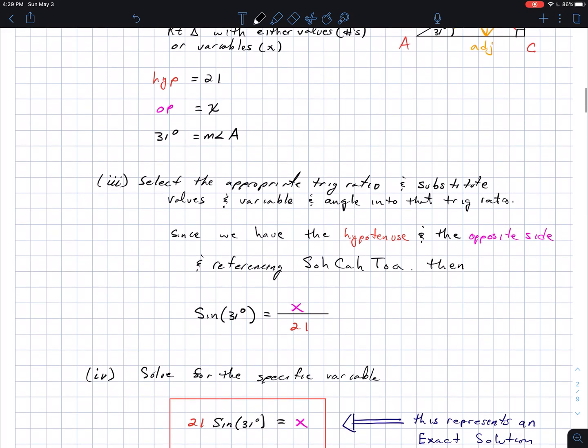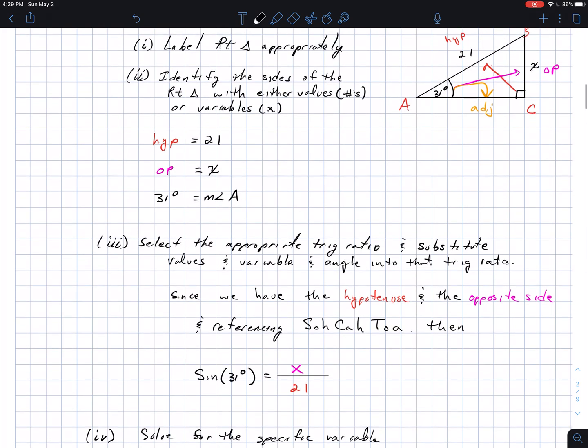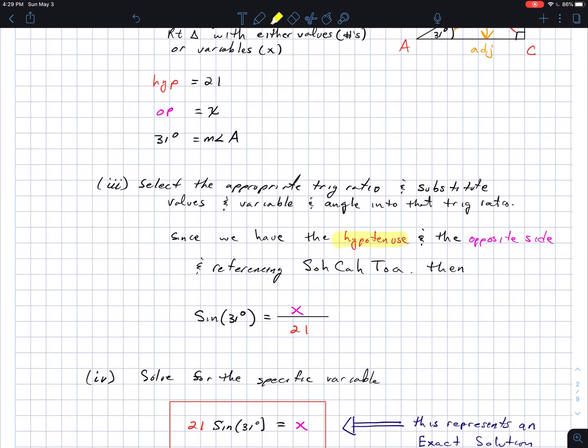And in this case, when we reference SOHCAHTOA, since we have both the hypotenuse and the opposite side, we know the hypotenuse is 21 and the opposite side is some unknown value, which we labeled x. So referring to SOHCAHTOA, opposite over hypotenuse, we would use the sine.